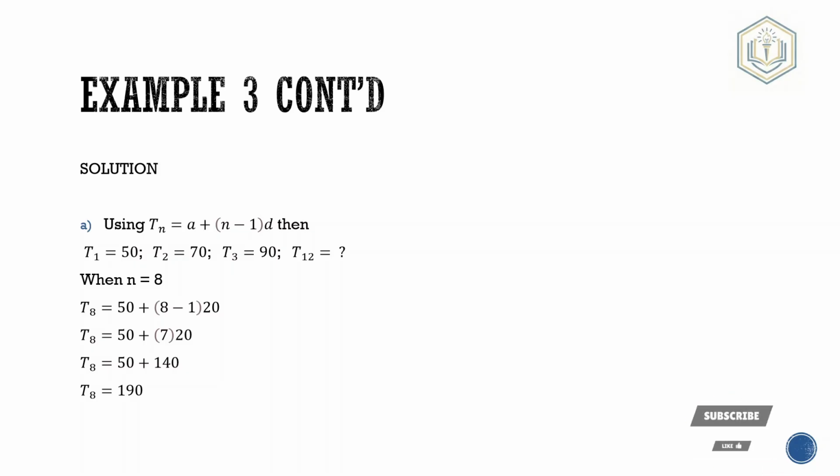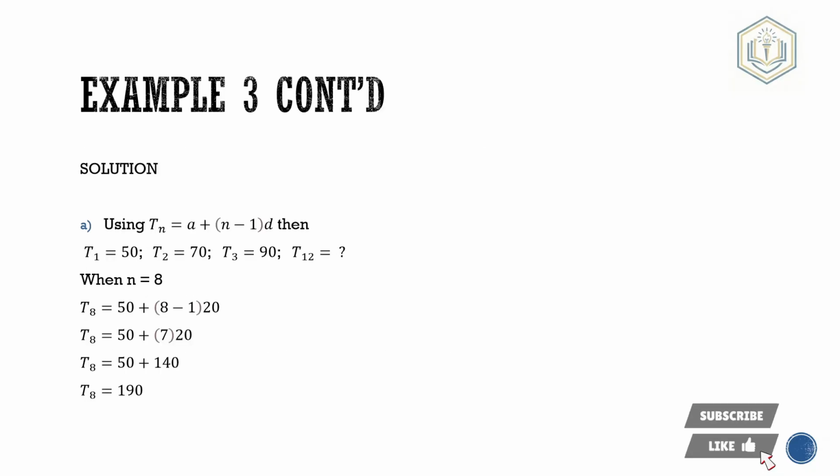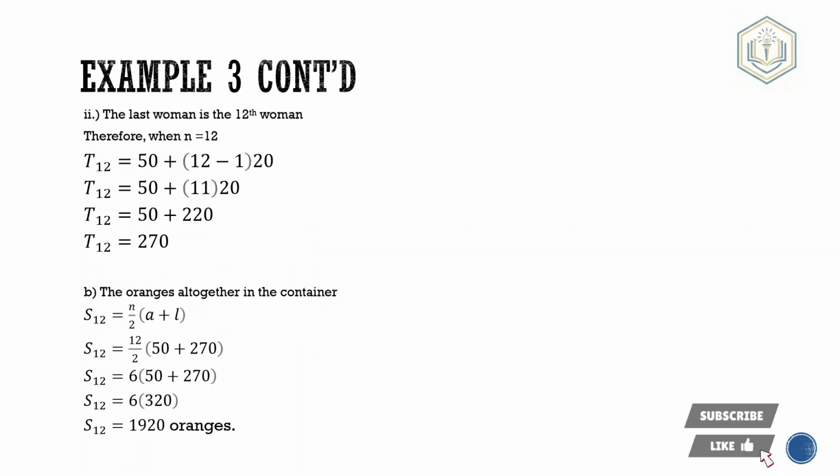So it means our 8th term is what? Is 190. So the woman in the 8th position in that sequence got 190 oranges. You can see it. The 8th woman, the number of oranges that woman got is 190. Then we'll move.